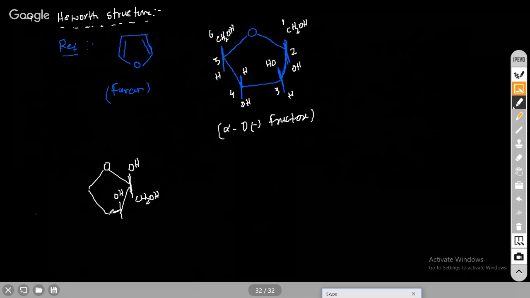OH will be on the top here, OH here on the bottom, and then CH2OH on the top, and all these positions have hydrogen present. Now you see this structure is beta D-fructose.